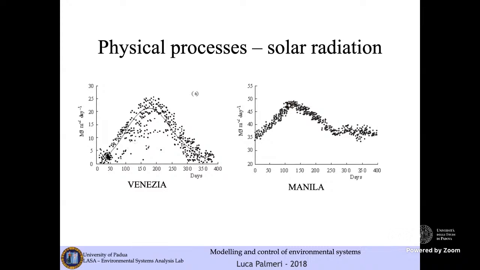measured, for example, in Venice. Each dot here corresponds to a one day measure of solar radiation. If you do these measures in Venice, or if you do these measures in Manila, you obtain two very different distributions. Why this?